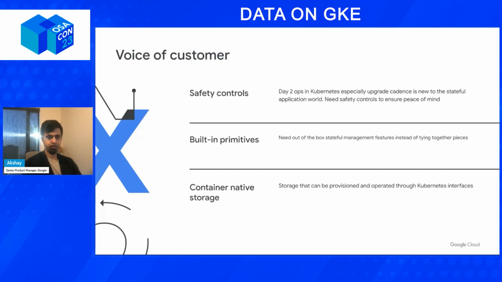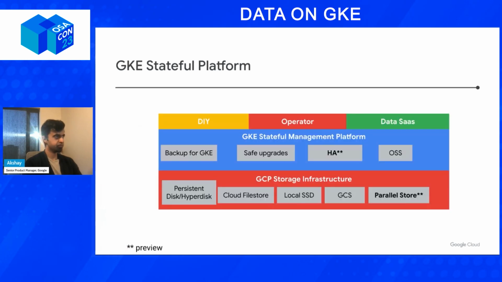So even storage is evolving, as you'll see later on with some of our object and file intersections. It's an interesting space as well. And customers want all of these storage types fulfilled through a very container native CSI, container native storage interface. That's where you'll see some of the features as well.